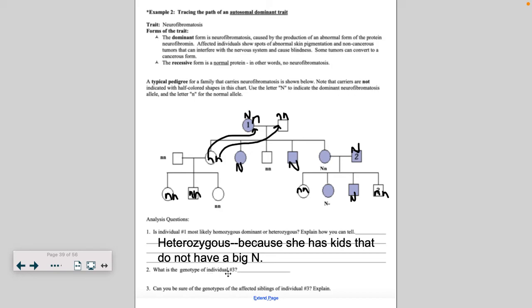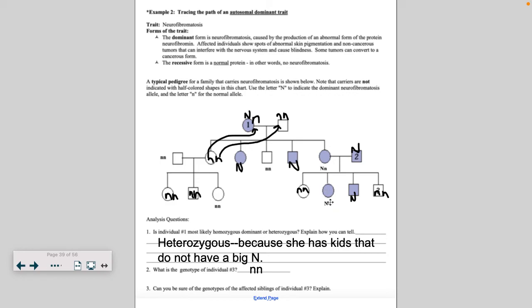What is the genotype of individual 3? So here's 1, here's 2, here's 3. We did that in the beginning, right? So individual 3 is 2 little n's. Can you be sure of the genotypes of the affected siblings of individual 3? Can we be sure? We know this person is big N. We know this person also has a big N, but they give us a little n.